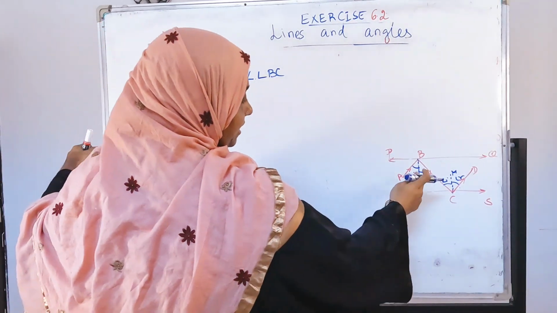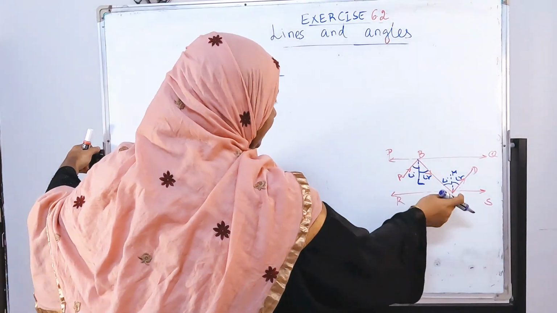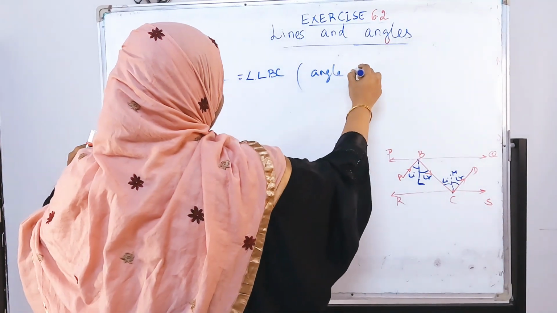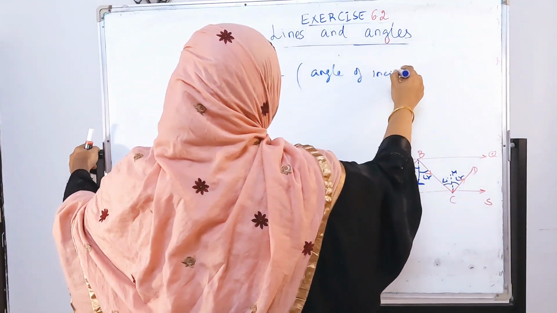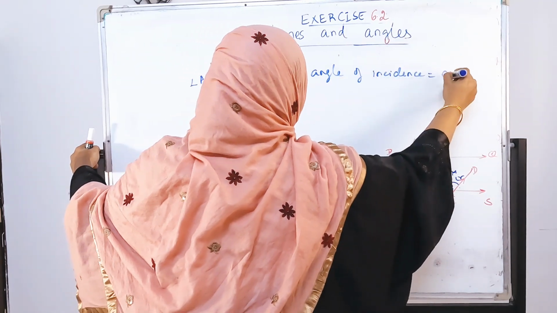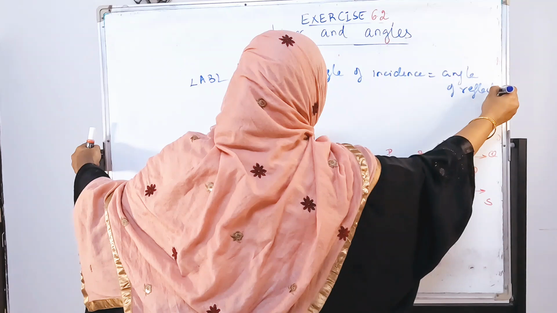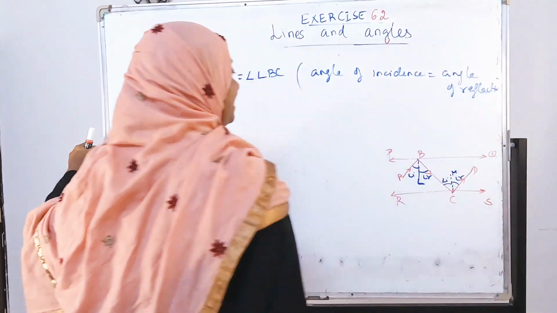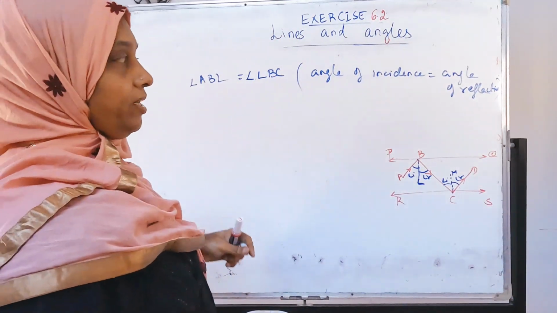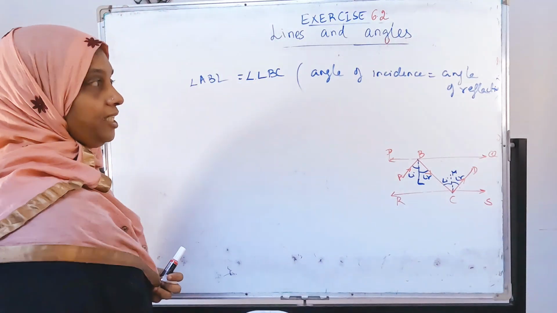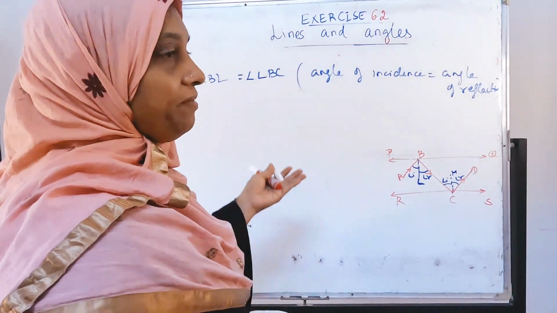LBC, that is the angle of incidence, in the concept of angle of incidence is equal to angle of reflection. Okay? Why ma'am, physics is coming in maths? Don't ask me, it will come. So we have to solve this now. So all the concepts we have to take.